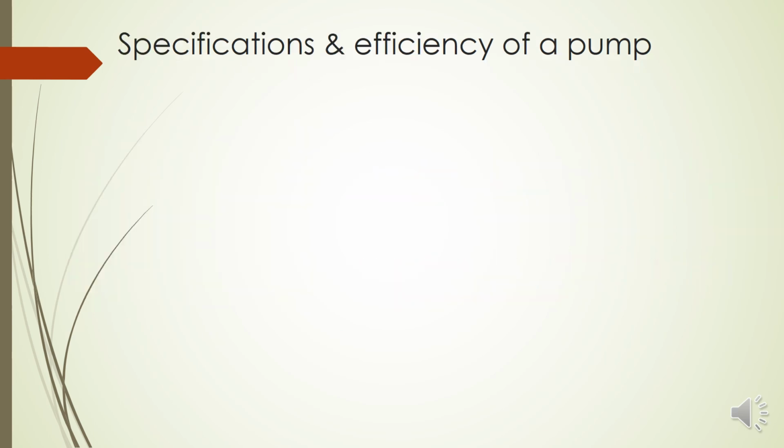Now we are going to the specifications of a pump and how to calculate the efficiency using these specifications. So what are the specifications of a pump? Two specifications are there.